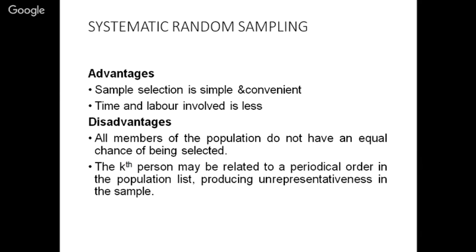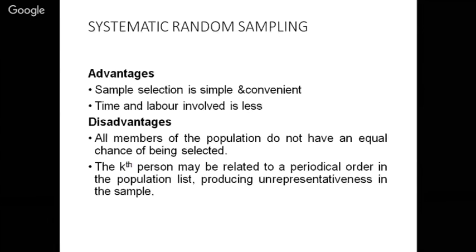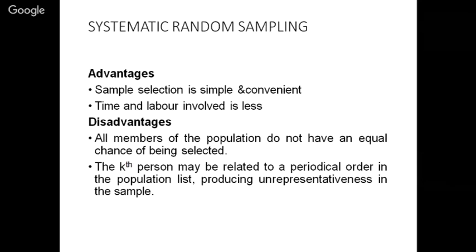Because the list is already available to me and I can systematically select some of the students from my class to know the achievement score in the subject of fluid mechanics. By using the systematic random sampling technique, I can identify the achievement and the effectiveness of my instructional strategy in my classroom environment.